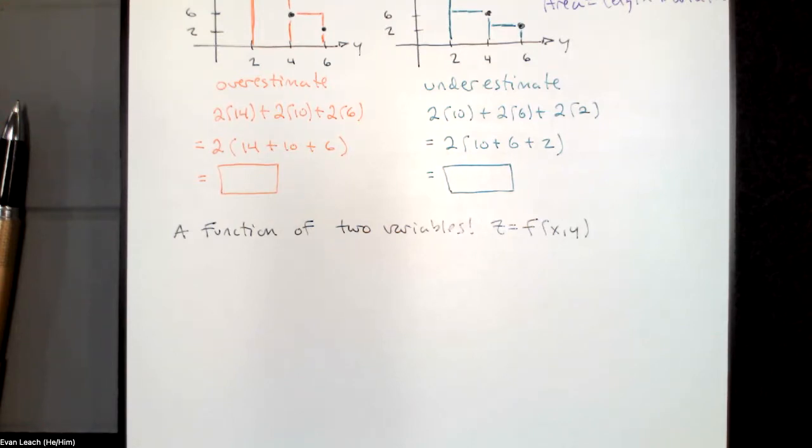Each input is going to be a pair, x and y. To get an output, you need an x and a y.